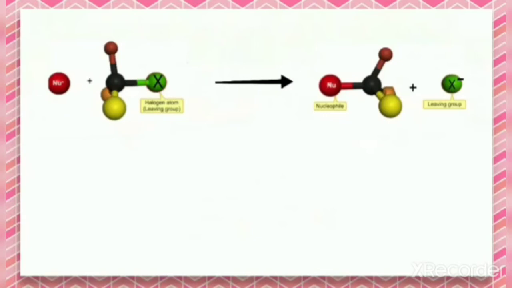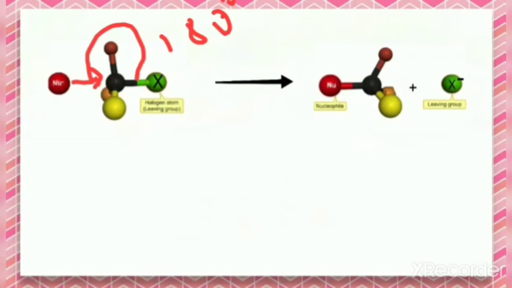Here the nucleophile, which is negatively charged, is attacking the partially positive charged carbon atom present in the CX bond, and it attacks from a 180 degree angle from the halogen atom. You can check, the angle will be 180 degrees from the halogen atom. So it makes a temporary bond with the carbon atom.